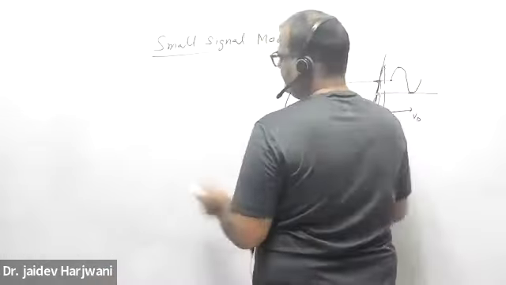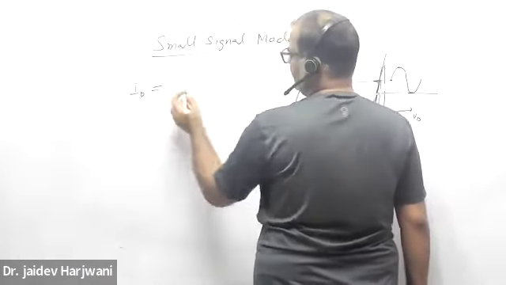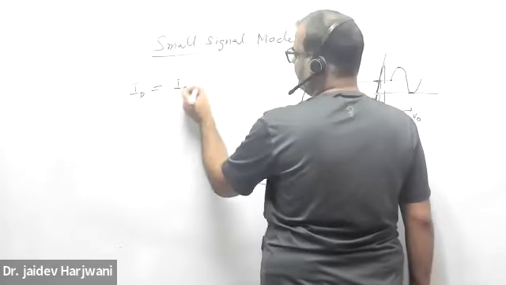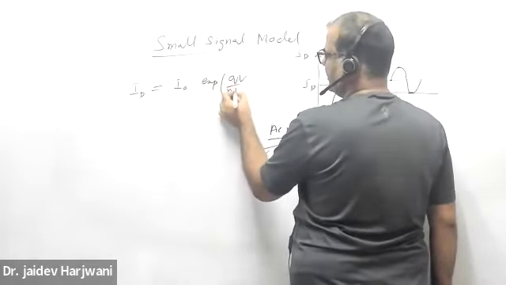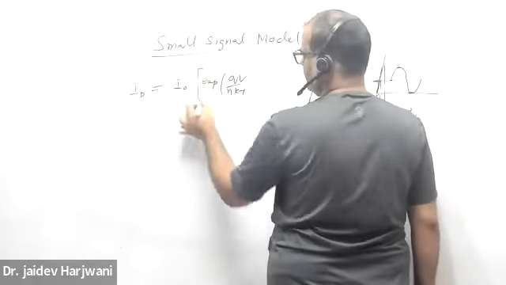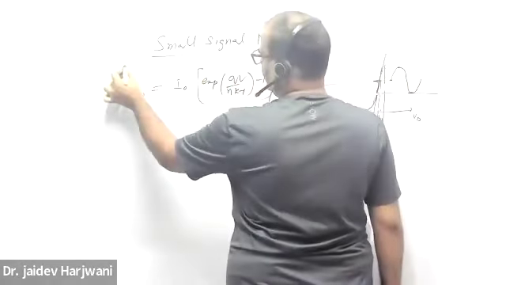Now say this is my equation, and only forward direction we are measuring. Now ID is what? ID is exponential QV upon eta KT minus 1. This is my diode equation.